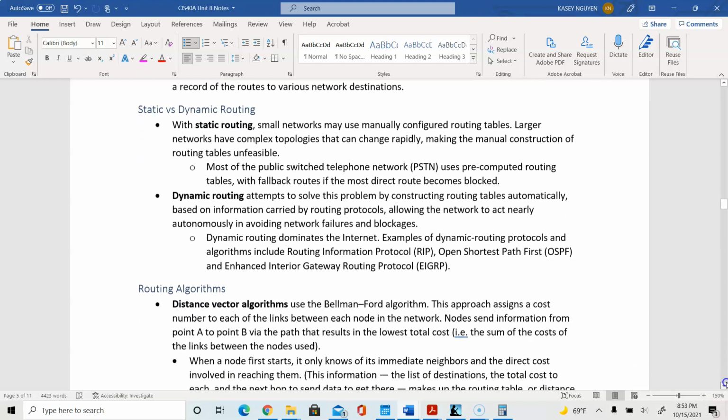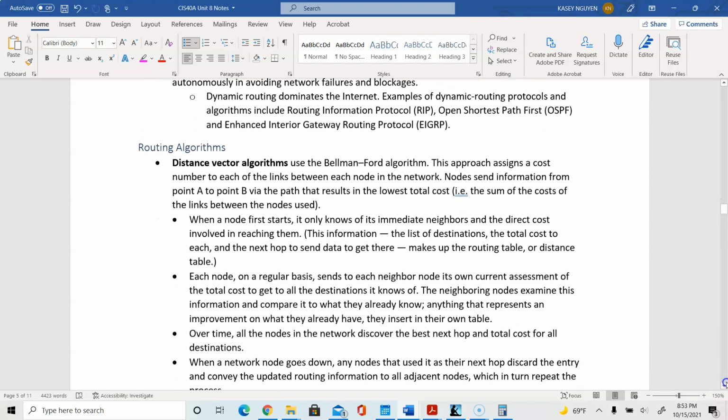So what are the differences in the algorithm? You will have protocols that use the distance vector algorithm, and this approach assigns a number to each of the links between the node and the network. So think of it like each road has a number of miles. And we are going to be able to calculate the total number of miles or the total cost to travel down the path where we cross many roads.